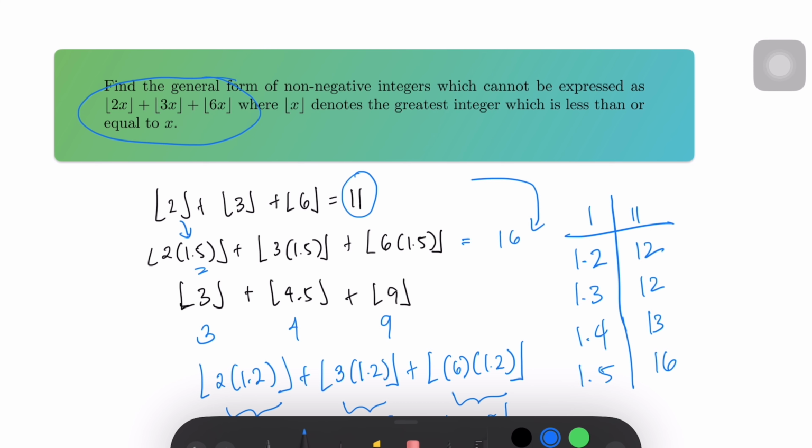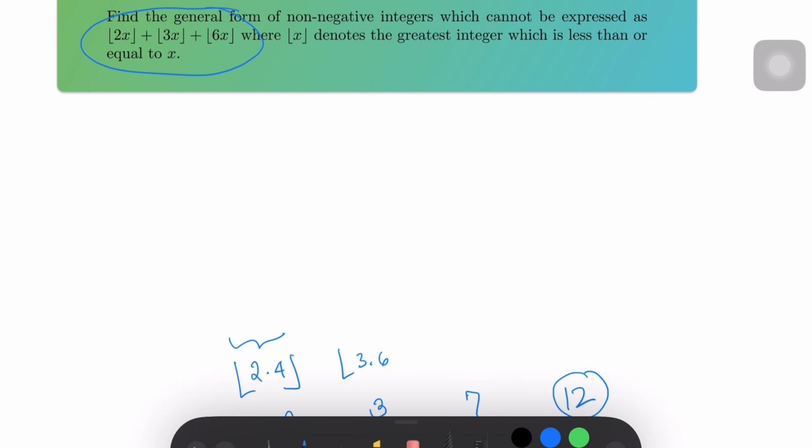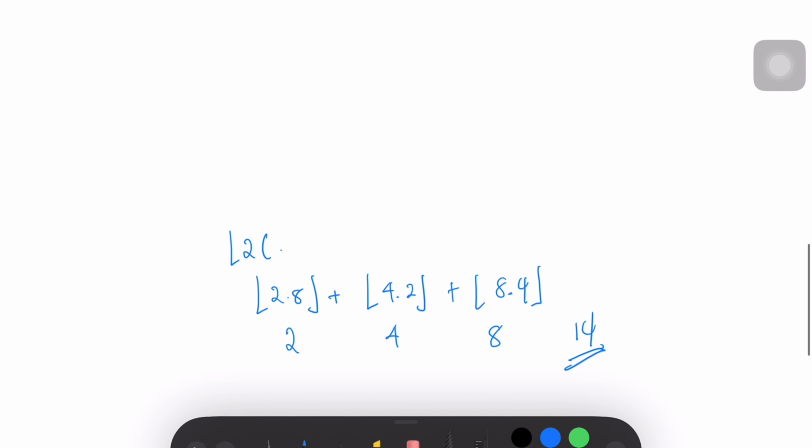And that's the goal of this problem. We are trying to generalize and state which of the non-negative integers cannot be expressed in this form. So this is just the first part, to show a motivation for the solution. For the next part, we'll discuss how to properly solve this problem.